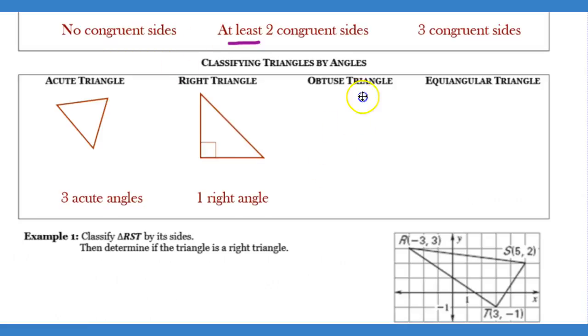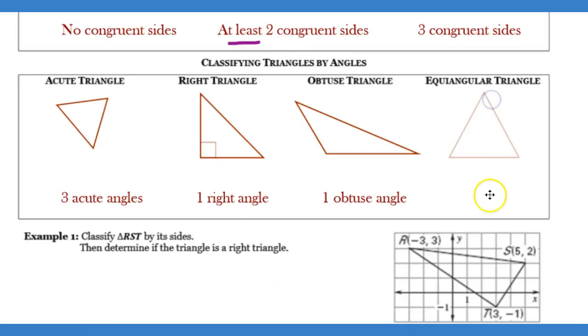We have an obtuse triangle, which has 1 obtuse angle, and an equiangular triangle. That has 3 congruent angles. So all of my angles are congruent.